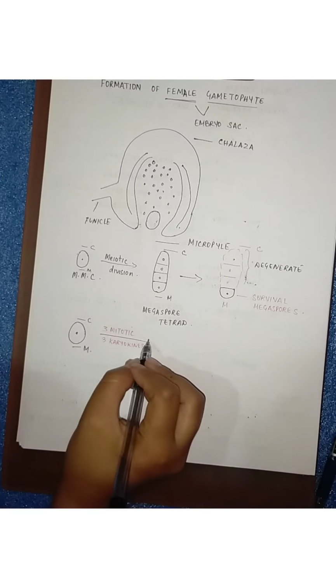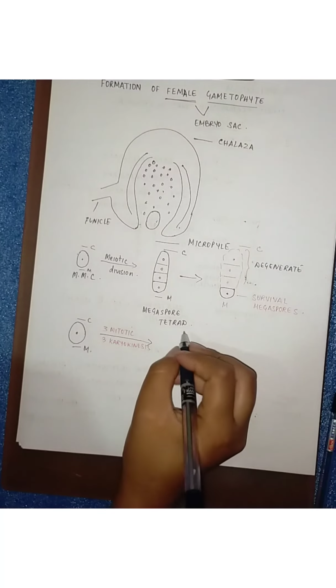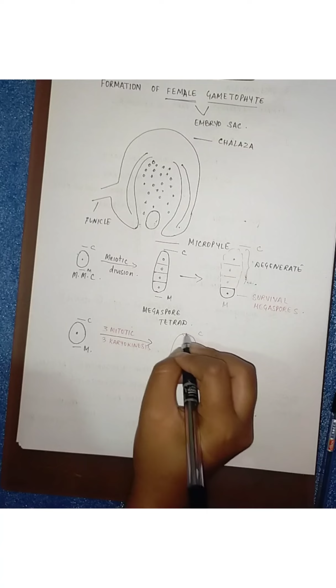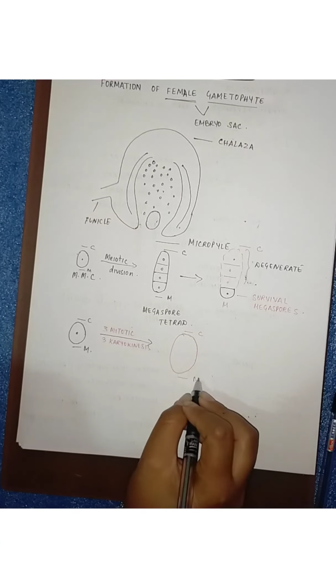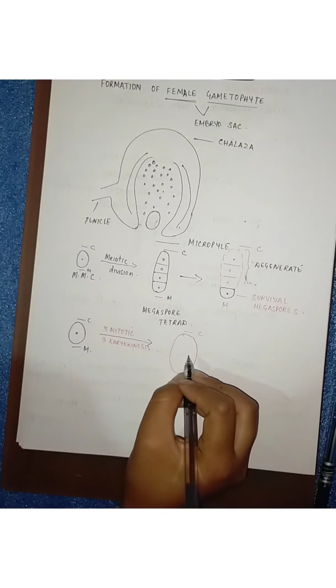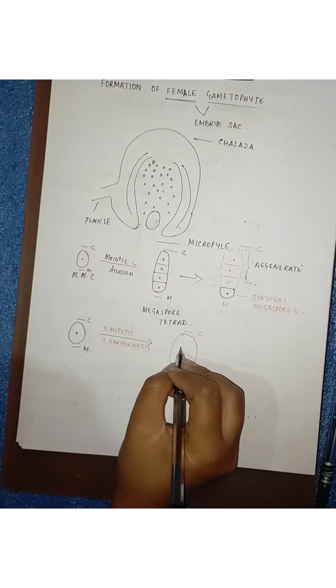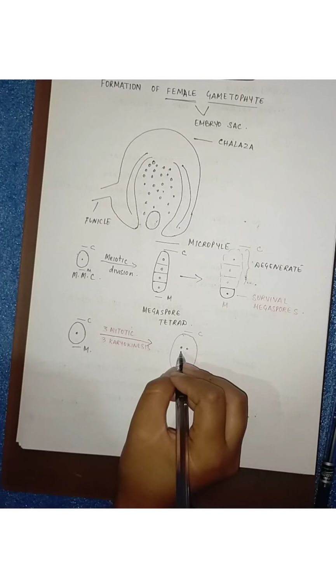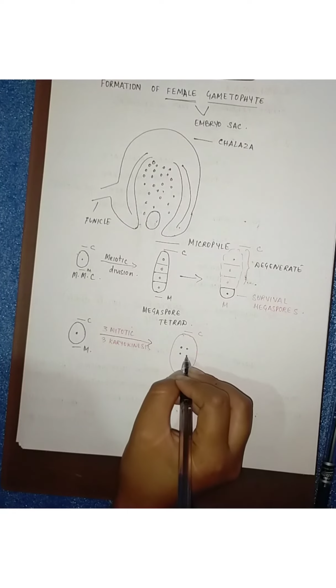So this is the chalazal, this is the micropyle. The first mitotic division will give 2. Second, it will give 4.